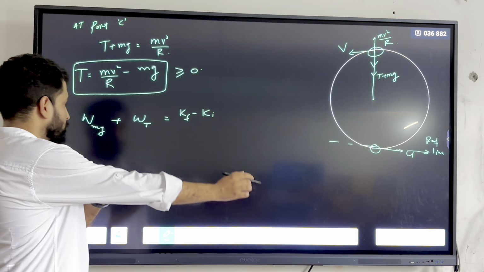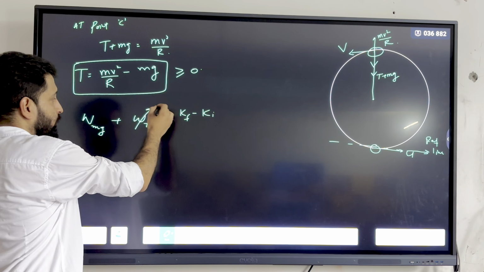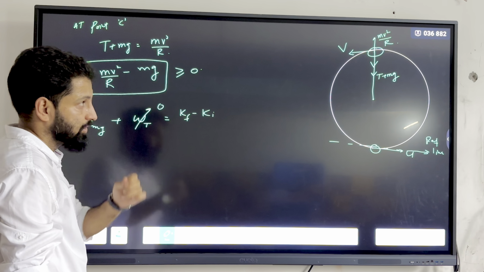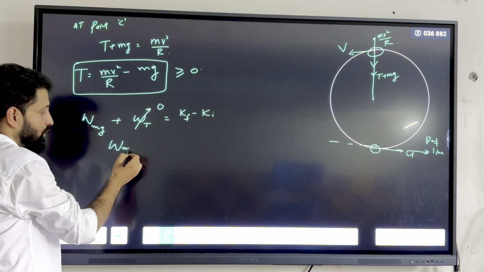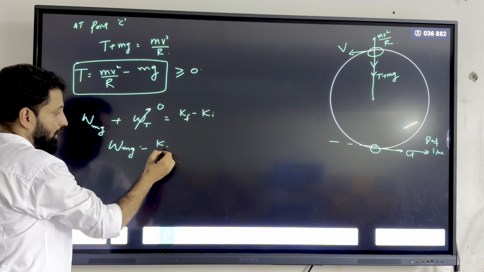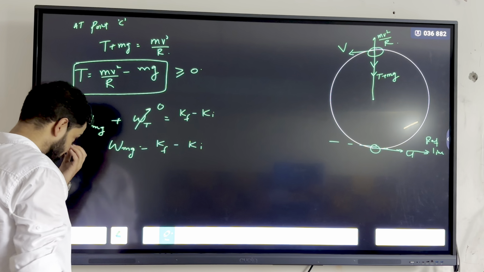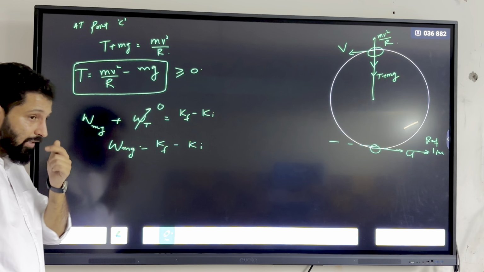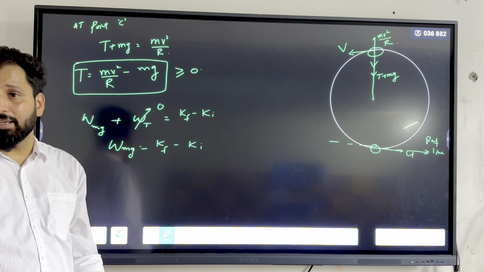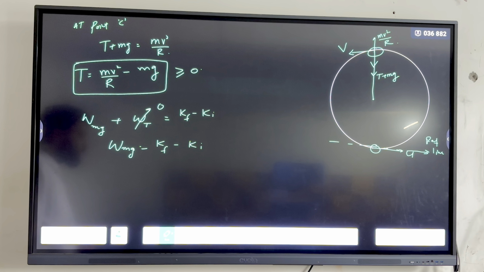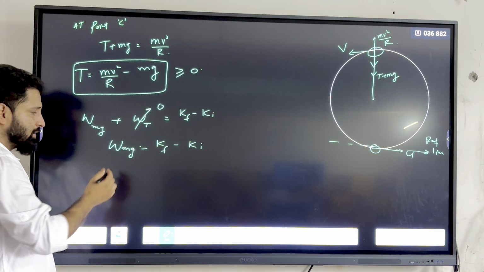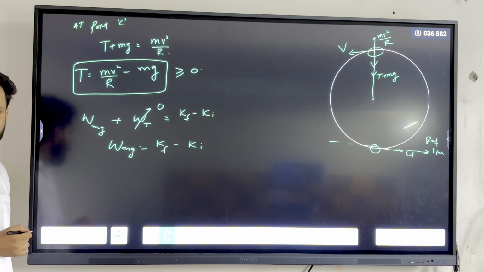So the work done by tension will be 0 because the displacement and force are always perpendicular. So we can say that the work done by mg will be equal to K final minus K initial. The work done by mg, which is weight, is conservative in nature, and we already discussed that the work done by a conservative force is equal to minus the change in potential energy.